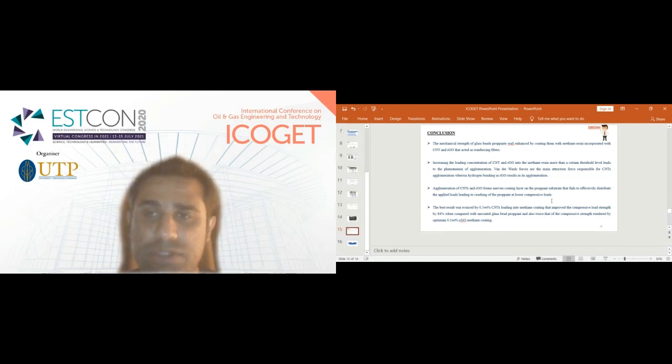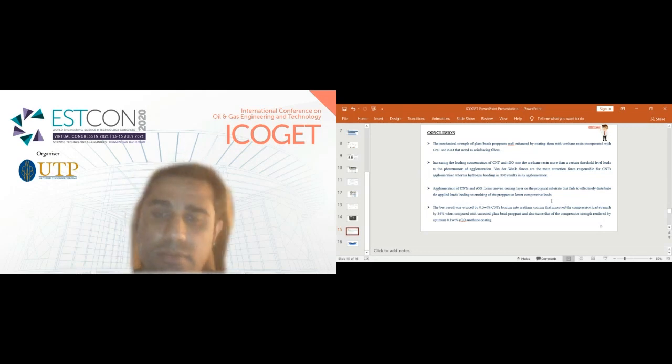That is, if the concentration is increased more than this threshold concentration, we see a phenomenon of agglomeration. In CNT, van der Waals forces come into play, whereas in the case of graphene oxide, the more profound phenomenon of agglomeration through the presence of hydrogen bonding comes into play.